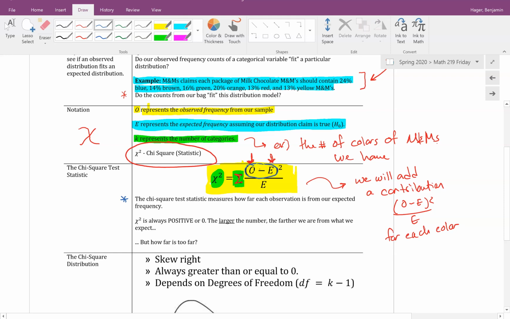If what you observe is pretty much what you expect, then their difference would be almost 0, which means the square of it would be almost 0, which means you wouldn't be adding anything. You'd be adding a bunch of zeros or small numbers. It's when they're really far off, like the observed value is a lot more or less than what we expect, then this becomes a very large number, and consequently the sum gets larger and larger. All right, so again, the larger chi-squared is, the more off we are.